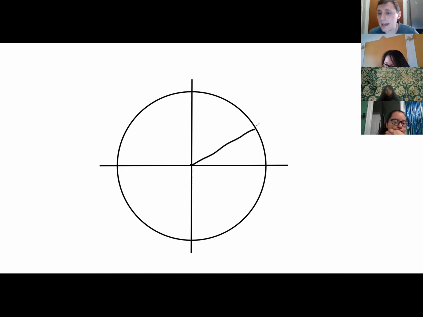Right? Where the angle is measured in radians, guys. Right? So where do I see the angle? I see the angle right over here. That's the angle h. Agreed?